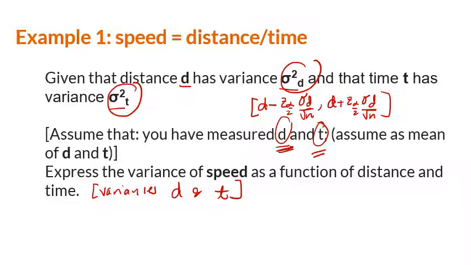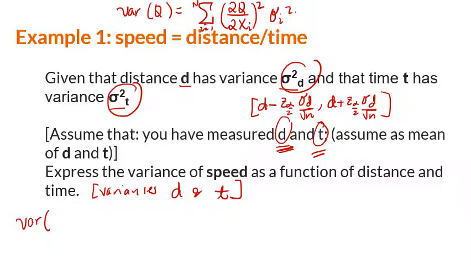So recall, the variance of Q is given by the summation of i from 1 to n of the partial of Q with respect to x sub i, squared, times sigma sub i squared. So in this case, the variance of our speed is equal to the summation, but let us remove the summation, since there are only two variables.